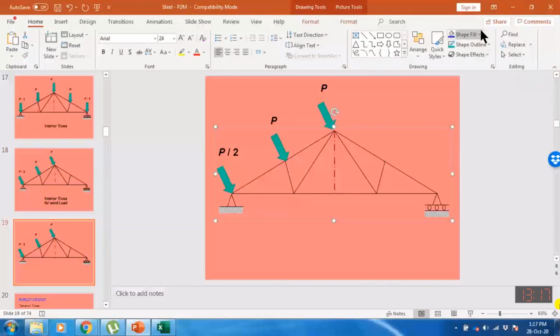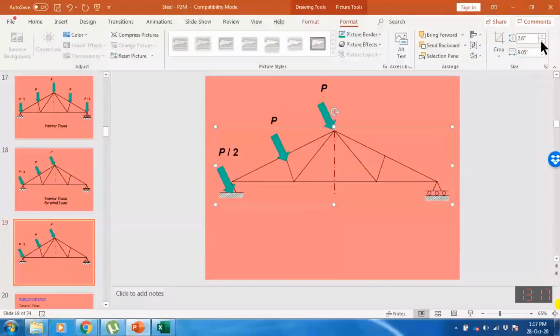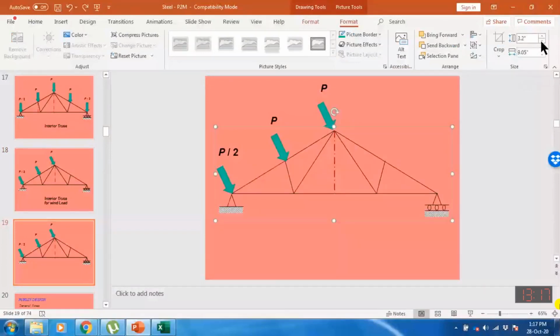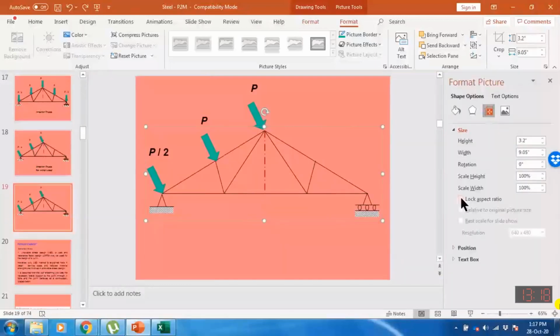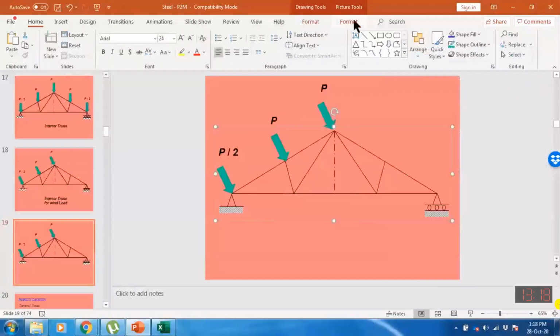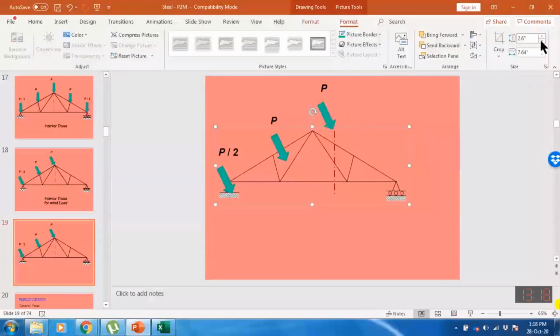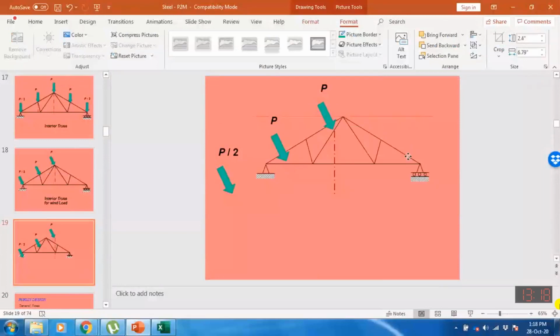So in this case, I have to make two trusses, just for your clarity.